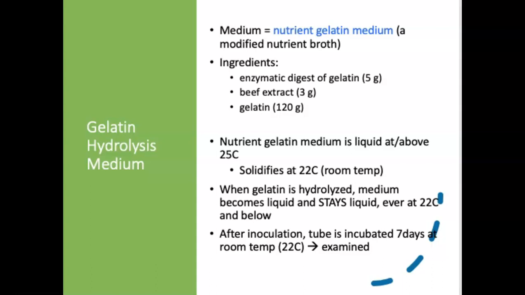It's been broken apart or catabolized. If it's a solid at room temperature, it tells us that the gelatin has not been broken down and the microbe simply does not have the ability to produce and secrete these enzymes called gelatinases.